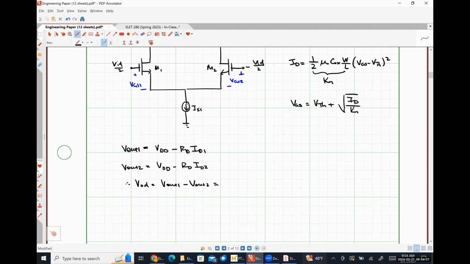And that's going to look like negative RD times ID1 minus ID2, or negative RD times delta ID. So the difference in our drain currents. Okay. So now we can see where and why we need to figure out the relationship between delta ID and VID, because we've got something easy to plug things into.